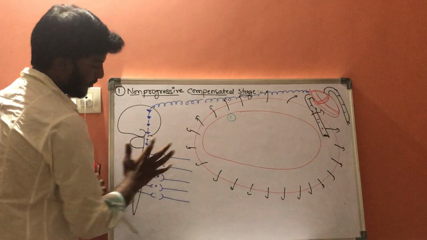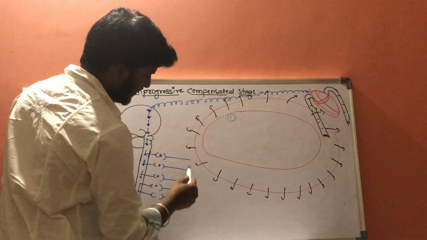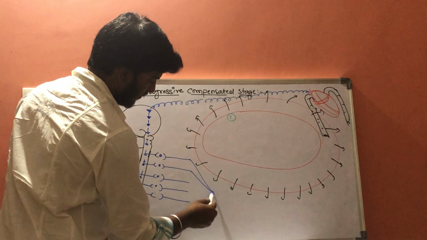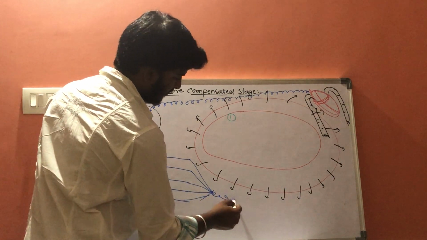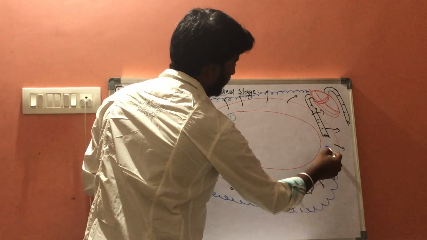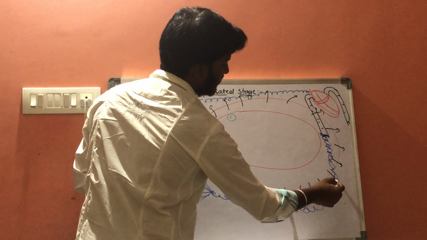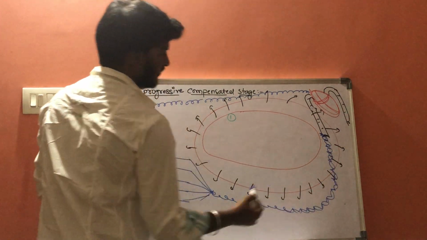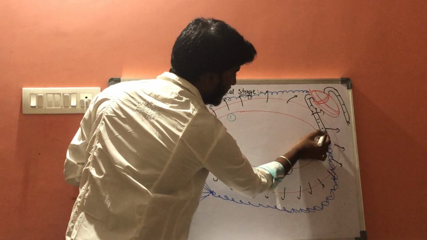These postganglionic neurons will reach the venules, and it helps in constricting the smooth muscles.